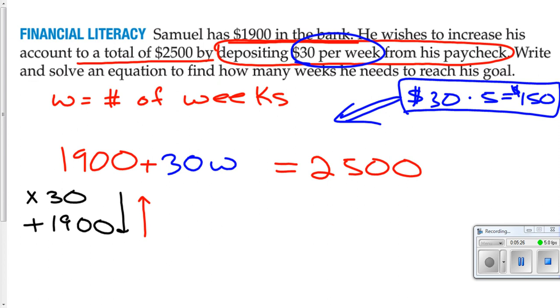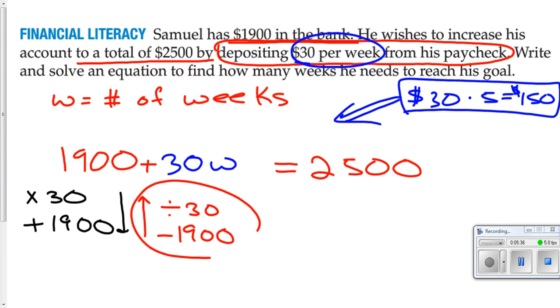Well, what am I doing in the opposite direction? I'm going to subtract 1900, and then I'm going to divide by 30. And so this part over here is solving. I'm undoing the kind of math that I see with the w that's already placed there. And so this is just a little trick to say, hey, this is what I'm going to end up doing. And now I have to go do it.